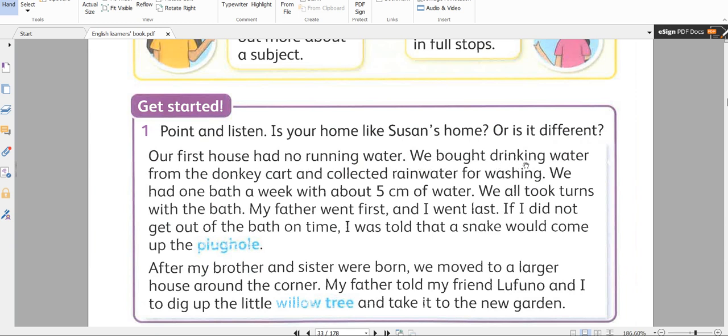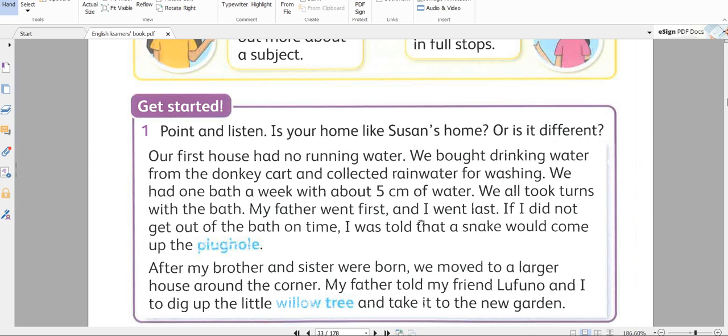We bought drinking water from the donkey cart and collected rainwater for washing. We had one bath a week with about 5 centimeters of water. We all took turns with the bath. My father went first and I went last.